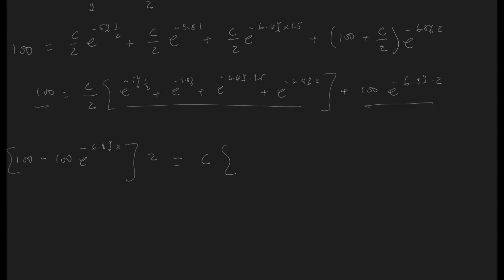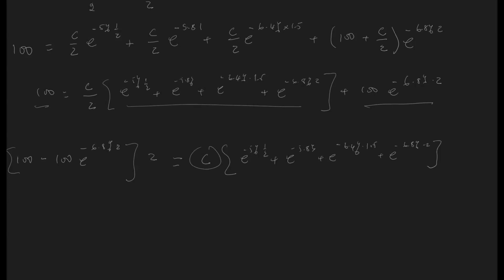I'm just going to rewrite it all: e^(−5% × 1/2) plus e^(−5.8% × 1) plus e^(−6.4% × 1.5) plus e^(−6.8% × 2).